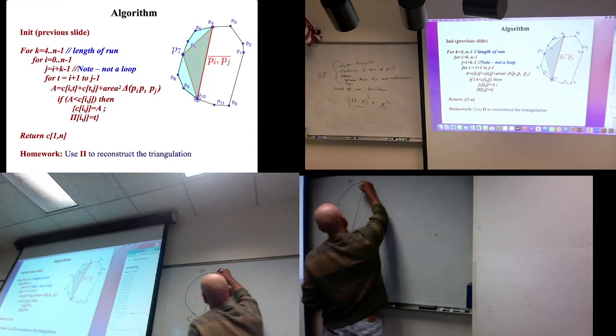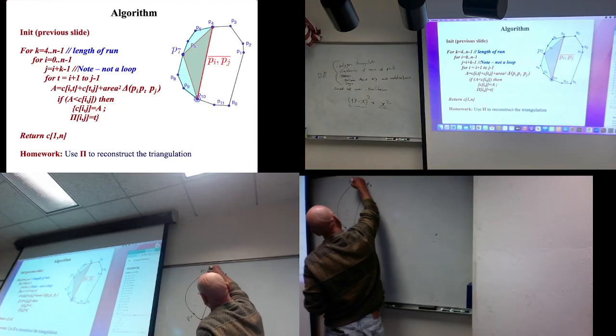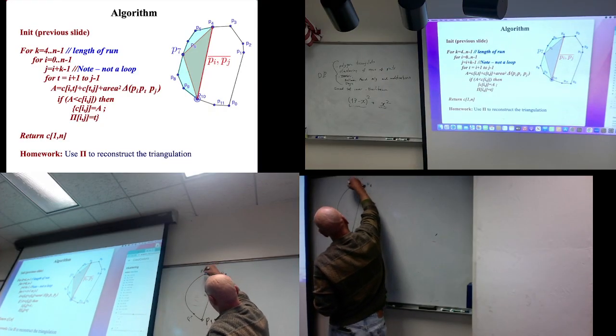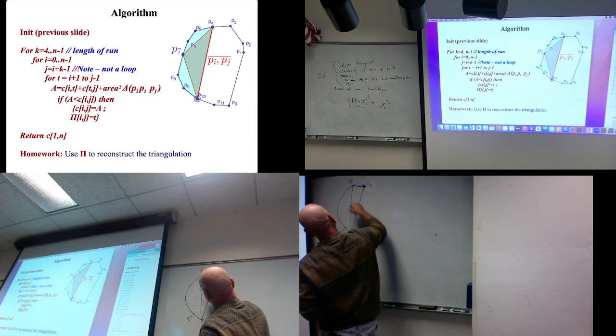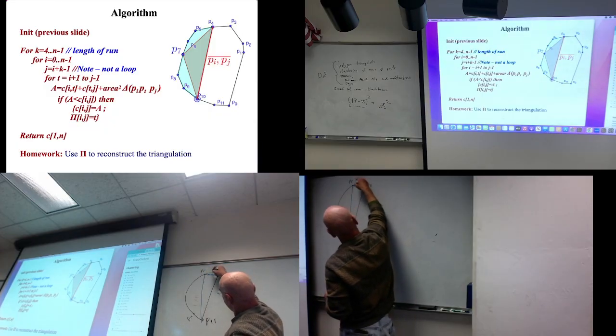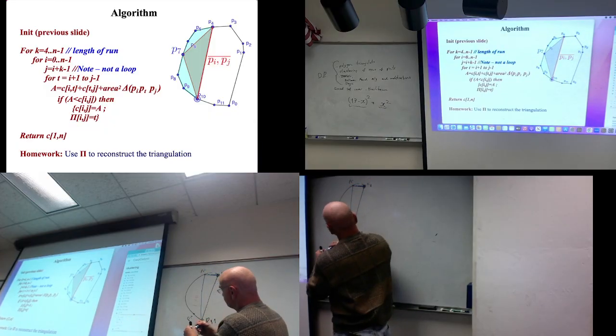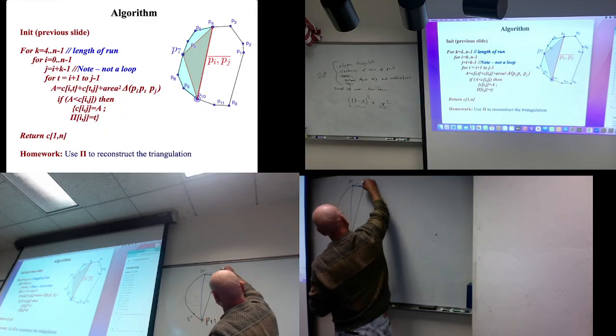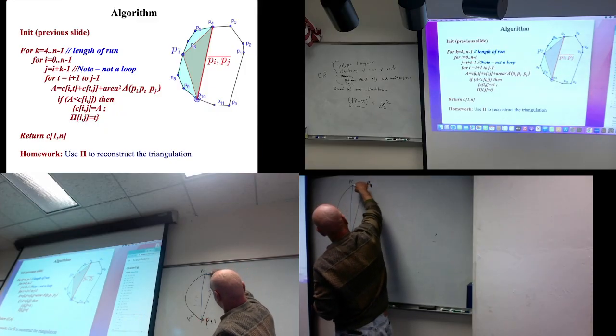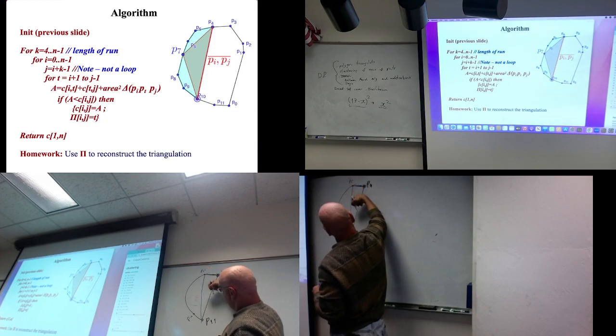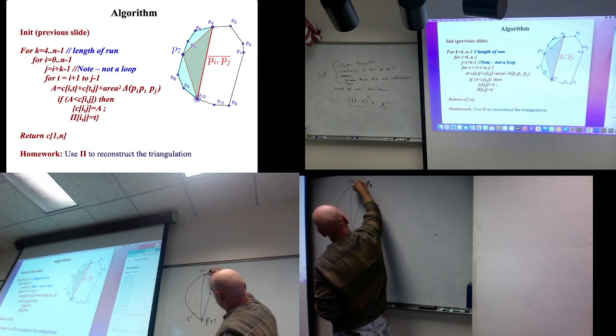Possibly the next vertex of this triangle would be P5, and then I'll have P4 and P5 connected. This is an edge of both polygons, and this is one option.